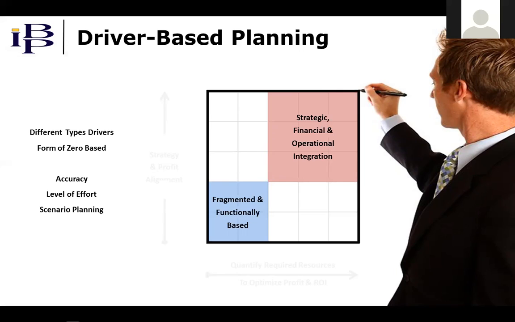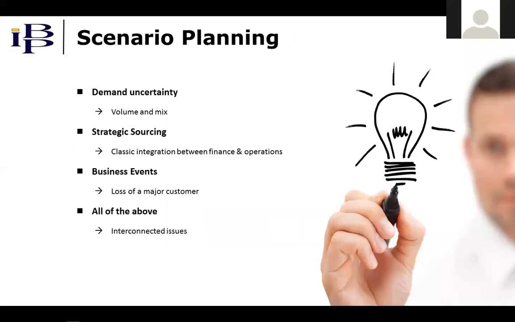I think this integrated planning is really a more sophisticated form of zero-based budgeting or planning. And as you move up in maturity, these driver-based planning models give you a different level of accuracy. The level of effort to maintain them goes down, and the level of scenario planning accuracy goes up as you move up the maturity level.